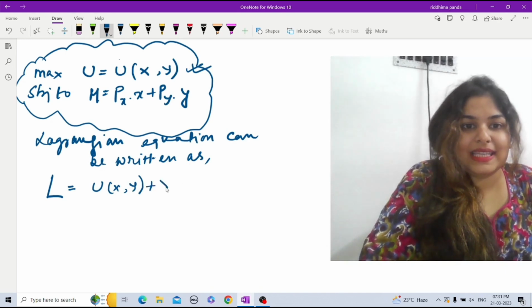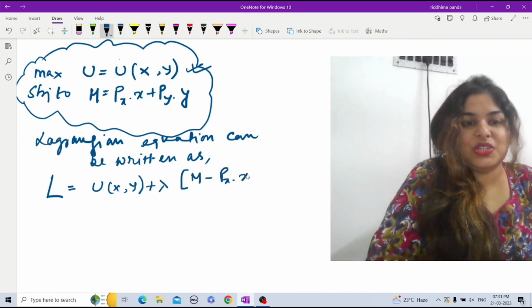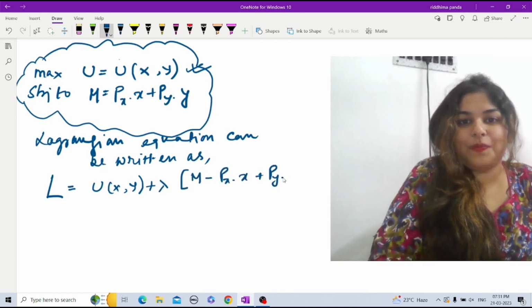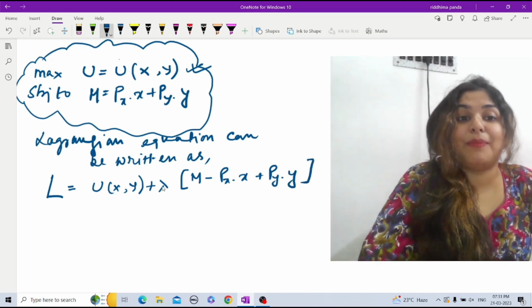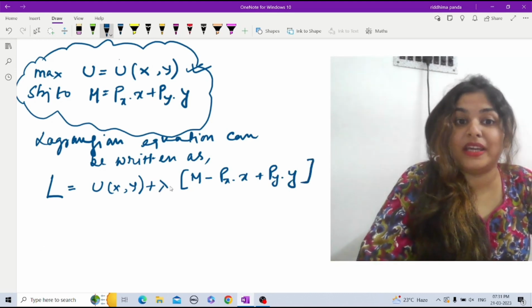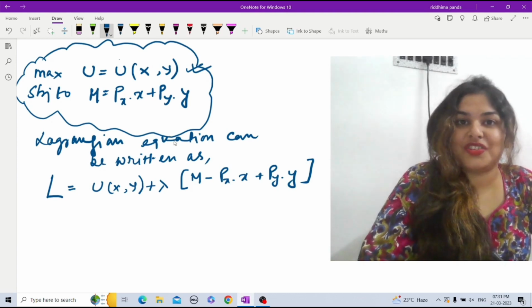So plus lambda into (M minus (Px into X plus Py into Y)). This becomes our Lagrangian equation, and lambda is our Lagrangian multiplier. It actually connects the objective and the constraint equation.